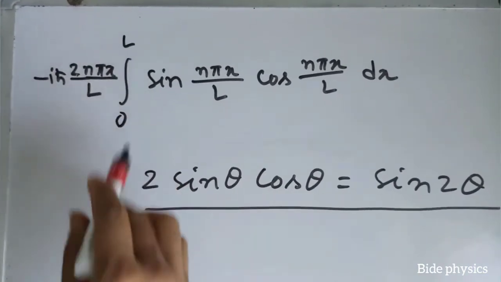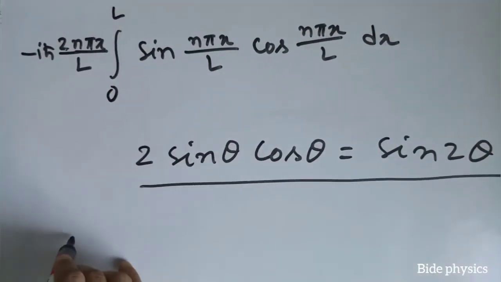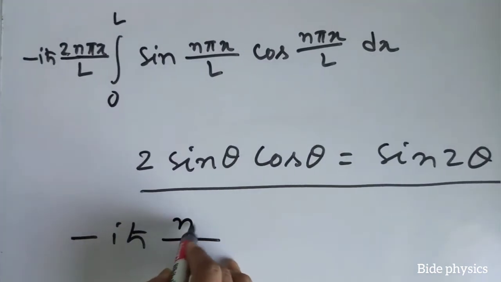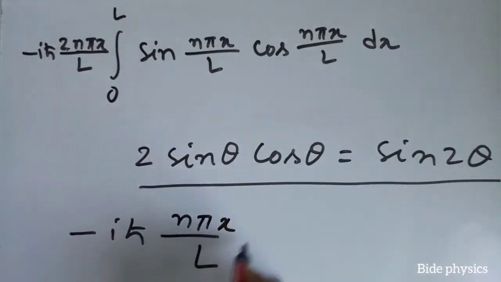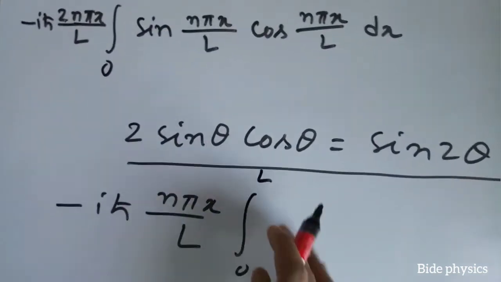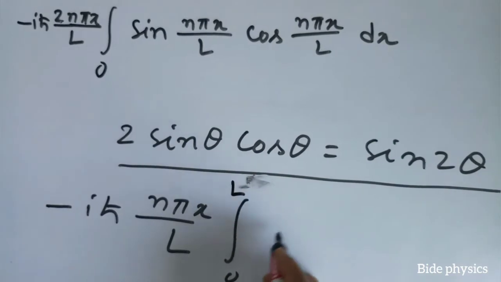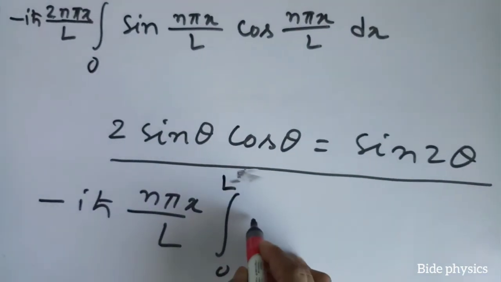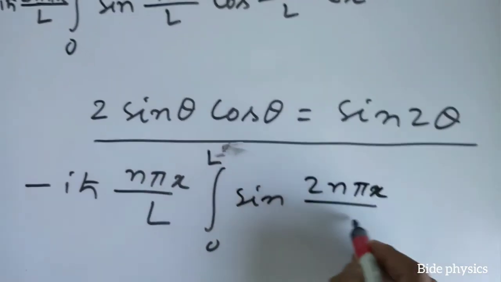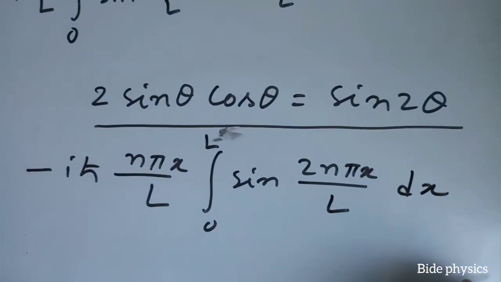Applying this formula, I can write the equation: i h cross, n pi x by L, integration 0 to L, sine twice n pi x by L dx.